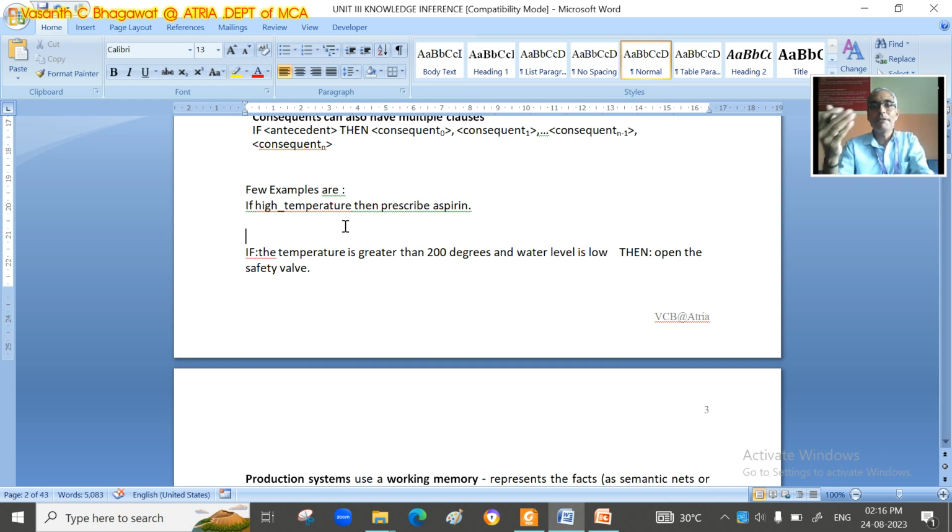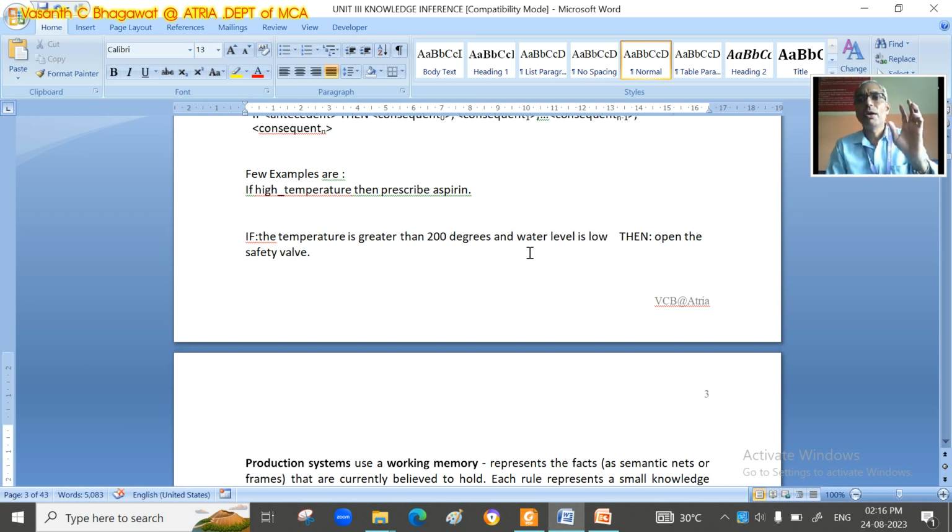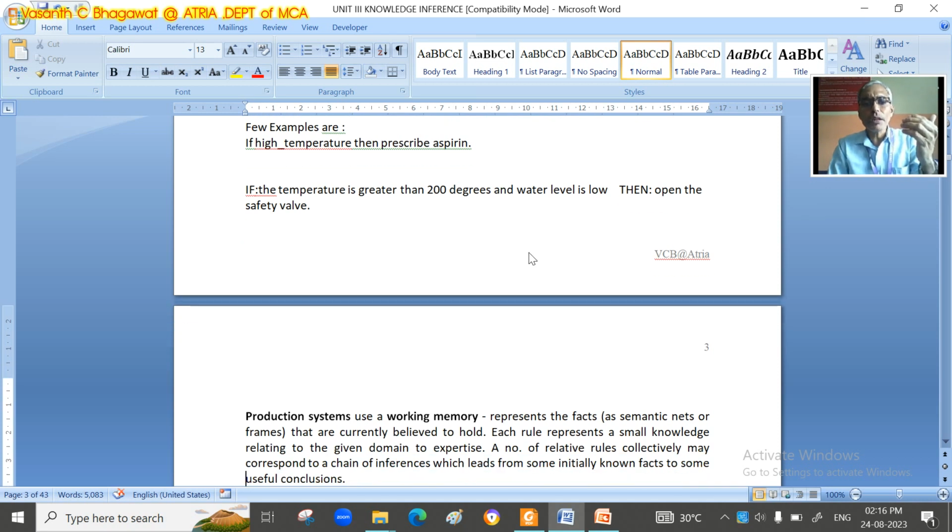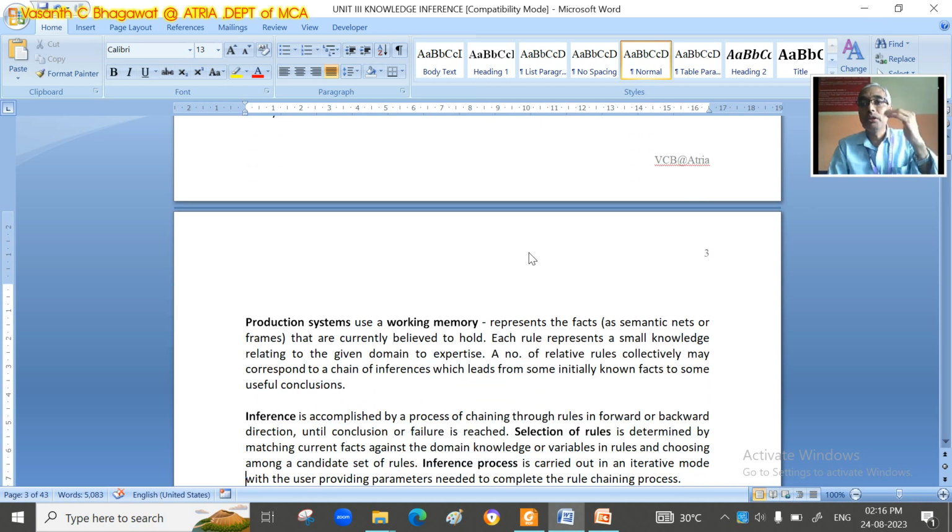Or, for example, if the temperature is greater than 200 degrees and the water level is low, so now we have more than one antecedent, the left-hand side conditions are more than one, then open the safety valve, some action you are going to perform, right? This is how we have some facts and certain rules. Now let us look more at the inference mechanism, the third one.